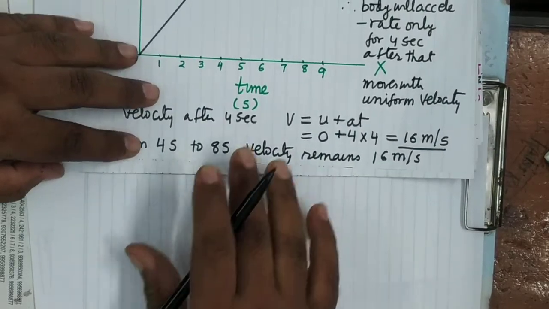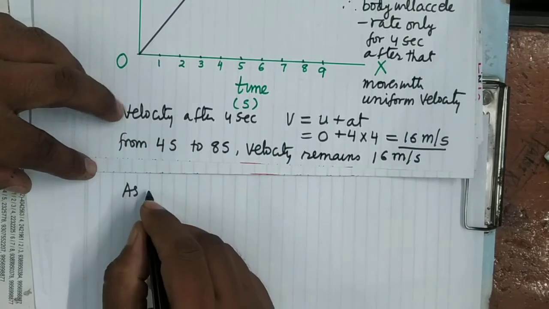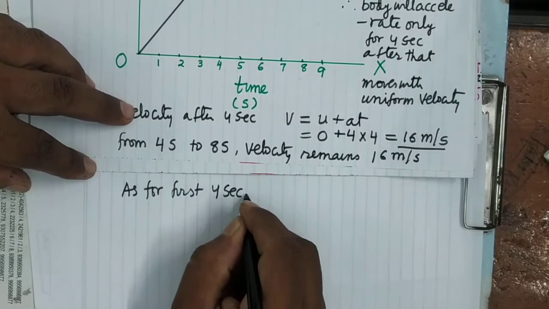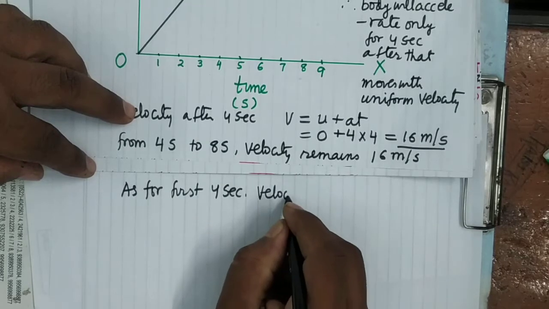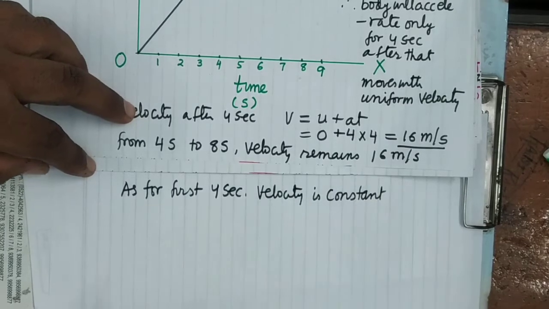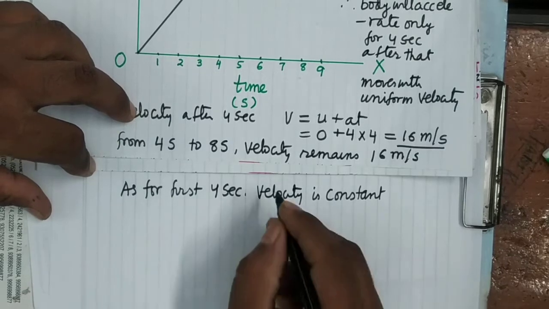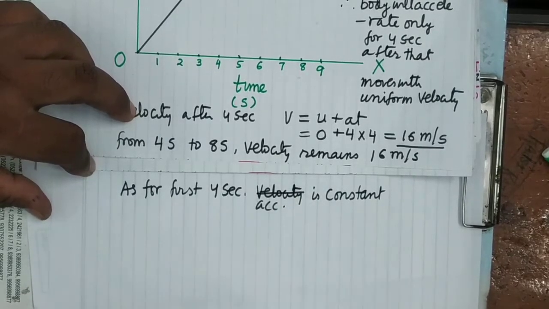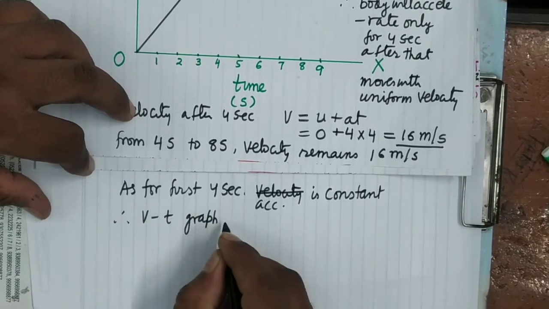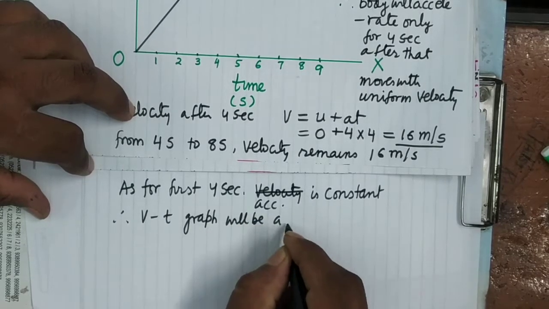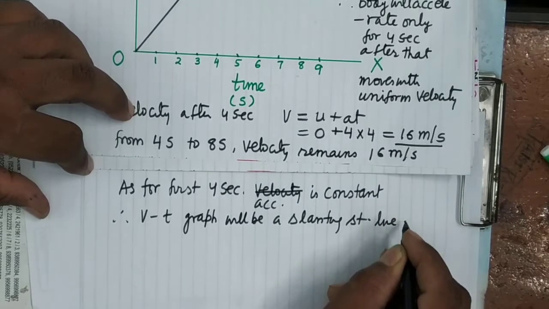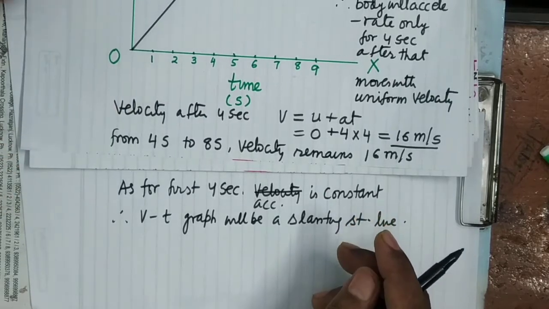Now see here, for the first 4 seconds acceleration is constant, therefore the velocity time graph will be a slanting straight line, like this.